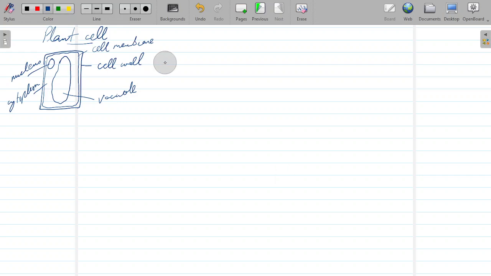So the cell wall is a rigid structure. It is made up of a compound called cellulose. Rigid means it's not flexible.